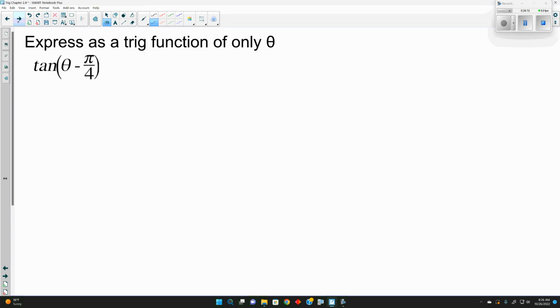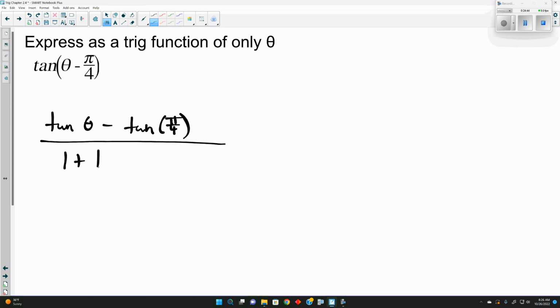I want to look at this one, because this is one of the ones I would say is not nice, quote unquote, because when we look at the formula, we'll have tangent of theta minus, and again, I'm going to reference back and make sure, yes, minus tangent of pi over 4 over 1 plus tangent of theta times tangent of pi over 4.